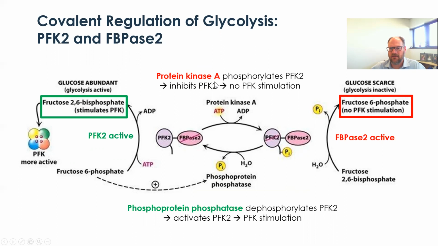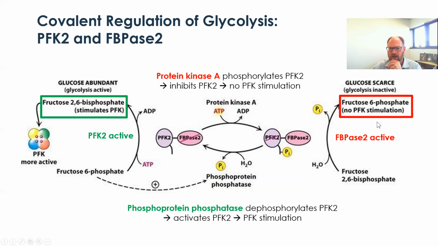Protein kinase A will put a phosphate onto PFK2, which is an enzyme that synthesizes fructose 2,6-bisphosphate. When protein kinase A puts the phosphate on PFK2, it inhibits the synthesis, and that ultimately results in the inhibition of glycolysis.